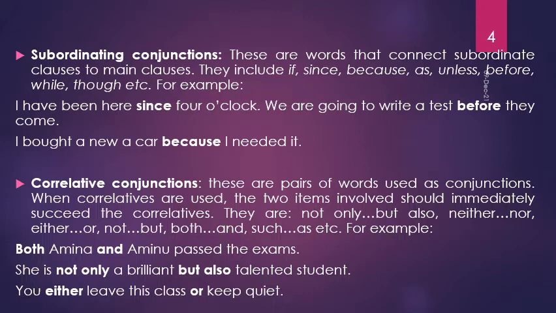Correlative conjunctions. Correlative conjunctions are pairs of words used as conjunctions. When correlatives are used, the two items involved should immediately succeed the correlatives. They are not only but also. For example, she is not only a brilliant student but also a talented student.